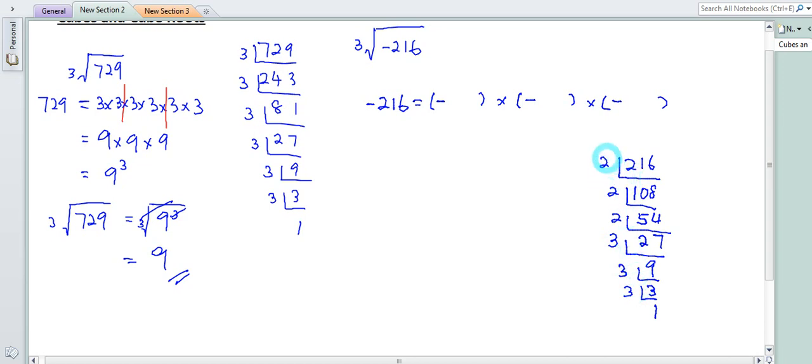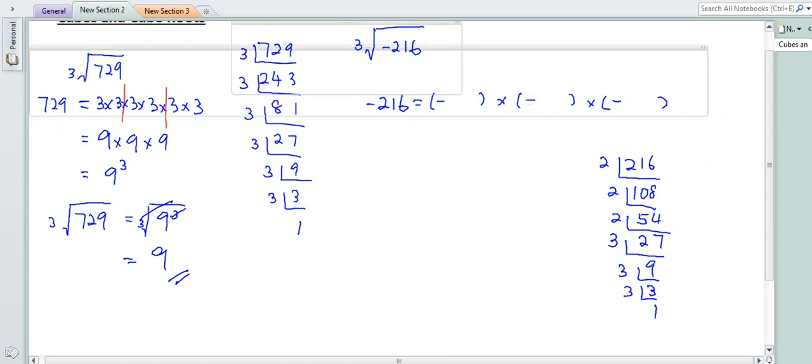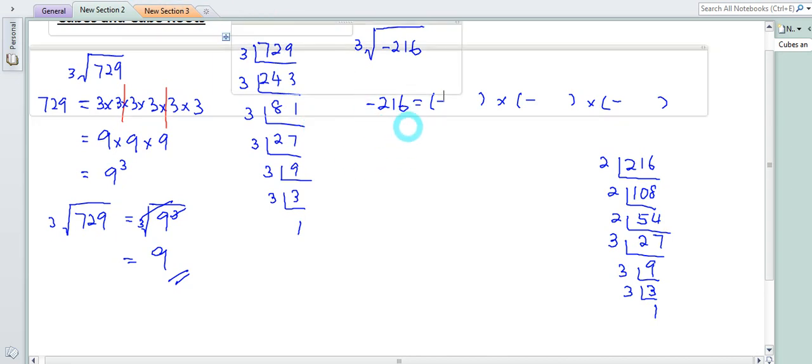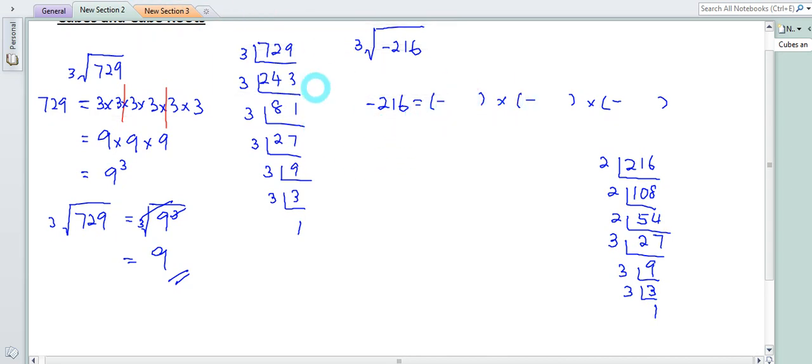If I want to separate all these numbers into 3 identical groups, here I take 2, right? Here also I take. So I write here for the positive number first. Later only I fill in here. The 216 is actually equal to 2 times 2 times 2 times 3 times 3 times 3.